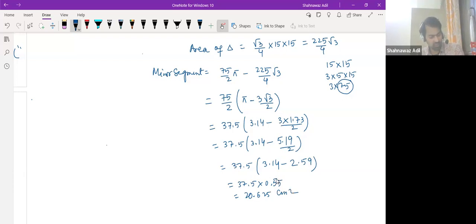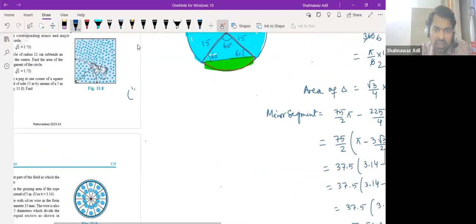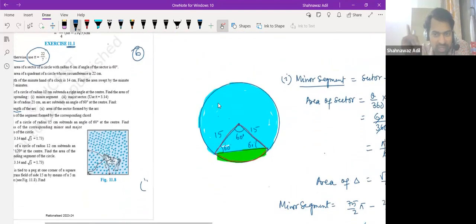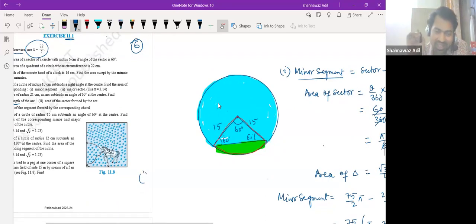And how will we calculate the major segment? Oh, so major segment was Abir's. Yeah. So Abir, what would be this major segment? Now you tell. Because you were very keen on calculating this major segment.